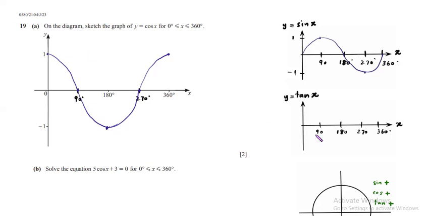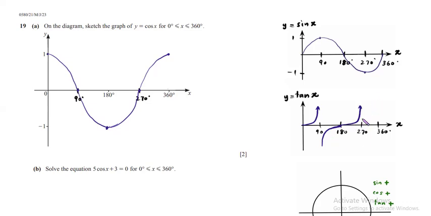And when we draw the tan graph, we've got to start here, and it's going to go like this. Then from here, it's going to reach this point. And then at this point, it's going to go up again like this in the shape of a curve, like an exponential graph.